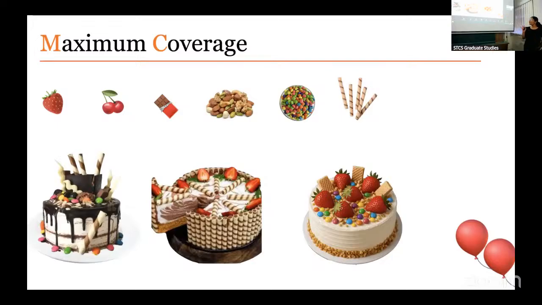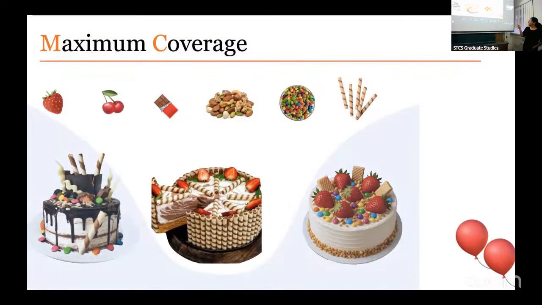Now you want to choose some cakes so that most of your friends are satisfied, if not all. Of course, you want to satisfy everyone, but if you cannot, let's say you want to satisfy as many as possible. The last cake image is generated by ChatGPT because I wanted so many toppings and Google image was not available.